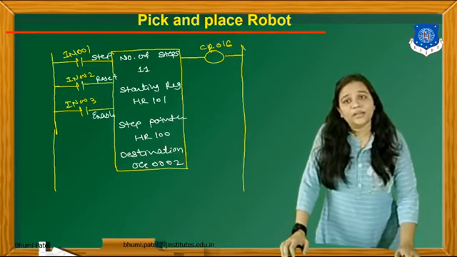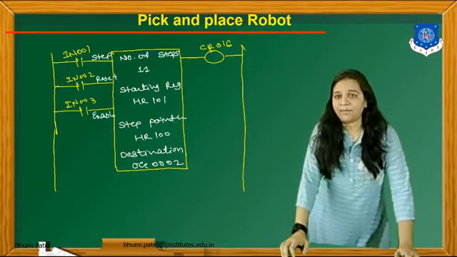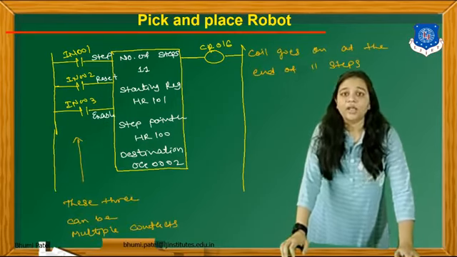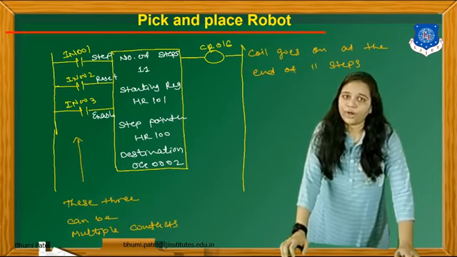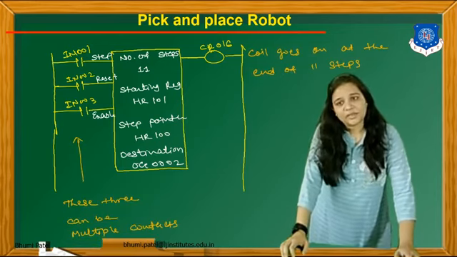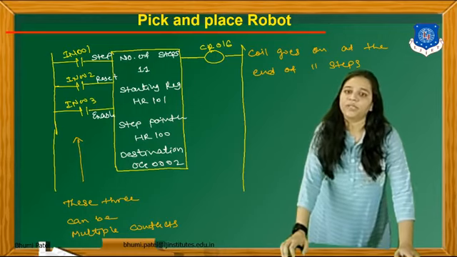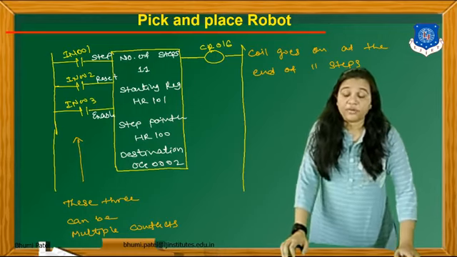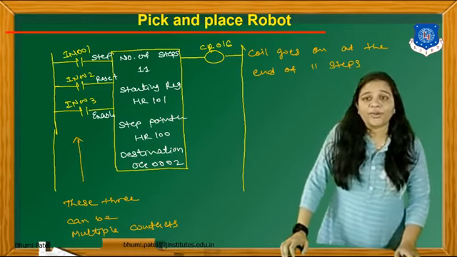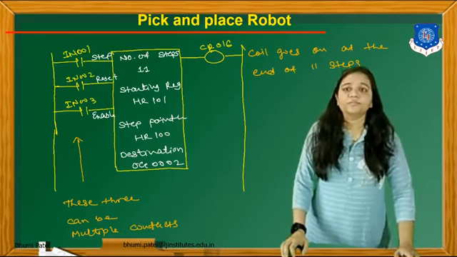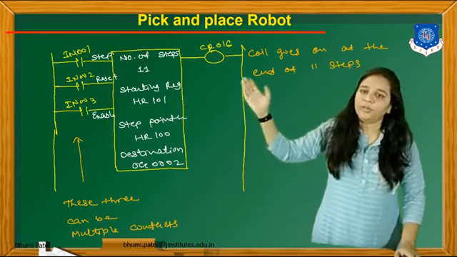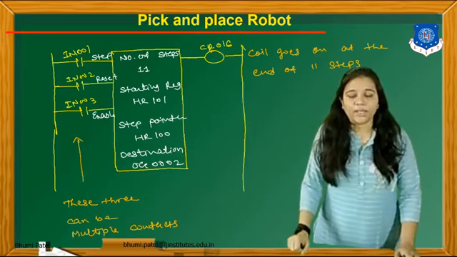And we have to take 3 inputs: step, reset and enable. So the output goes on at the end of the 11 steps, and these 3 can be multiple contacts. If we use multiple inputs in the same program, we can connect multiple inputs in the same rung. Okay.